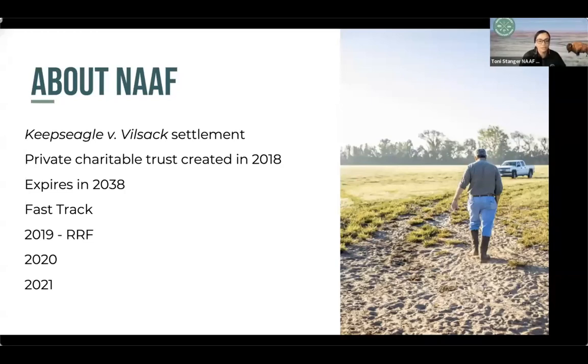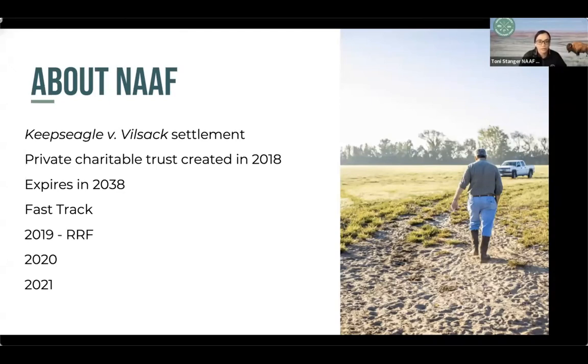The settlement alleged discriminatory lending practices by the United States Department of Agriculture, and the original claimants and their class were formed through claiming violations of the Equal Credit Opportunity Act, the ECOA. The leftover funding that created NAAF expires in 2038. We have 20 years to spend down the funds.